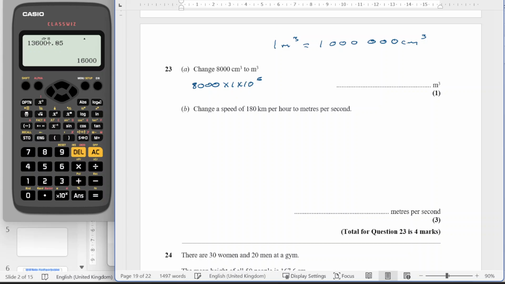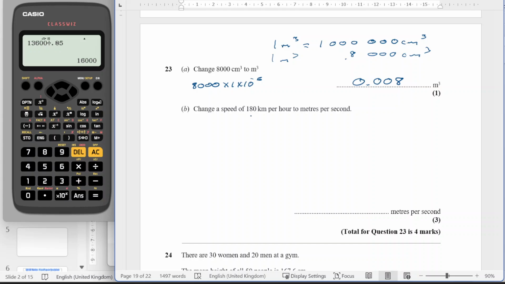So we would actually get 0.008. If we kind of view it on here, that would be 8,000 centimeters cubed. I'm trying to convert that into 1 meter cubed. So you can see why we've got 0.00, a bit better there.